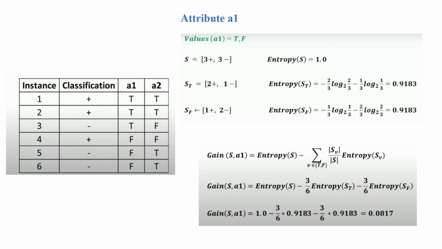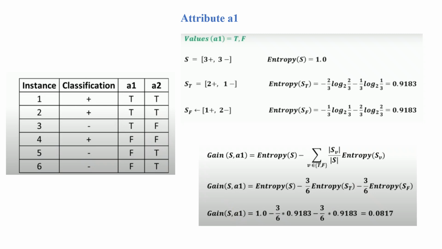So 3 out of 6 and the same 3 out of 6. So 3 by 6 times the entropy for true, which is 0.9183, we are going to apply over here. The same way for the false, again 3 out of 6, and the entropy for false is 0.9183.